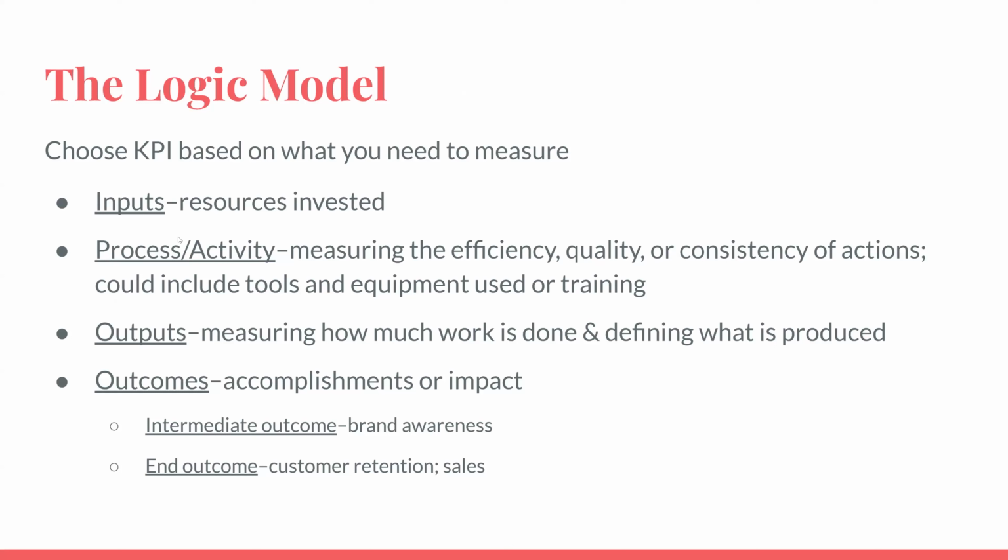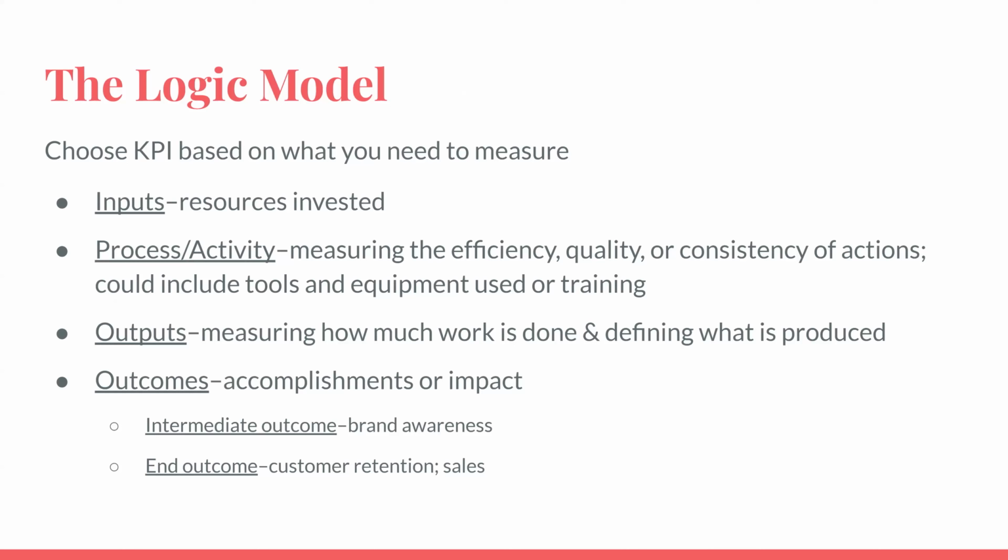And then our process or activity, we're measuring the efficiency, quality, or consistency of the actions. So this could include things like, if we're looking at overall running our business, what tools and equipment or what training is going on, and we can use that activity as part of what we're measuring.